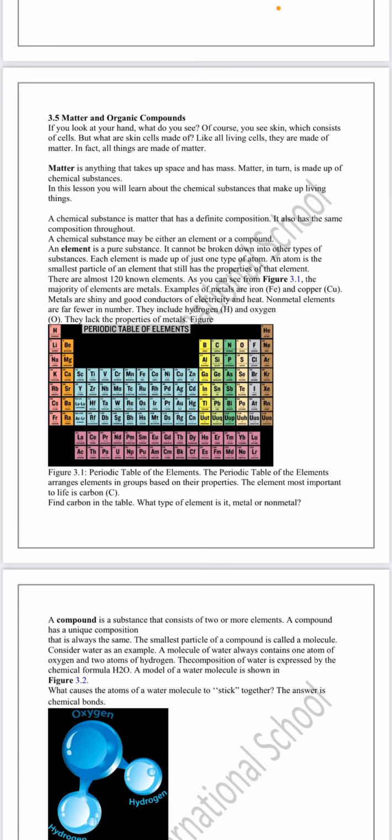Actually, we have many elements around us, like the 120 known elements until now. We discovered them and put them in a table that's called the periodic table. These are the elements, the pure form of something. When I say oxygen only, carbon only, helium only, this is the pure form of things, so this is an element.